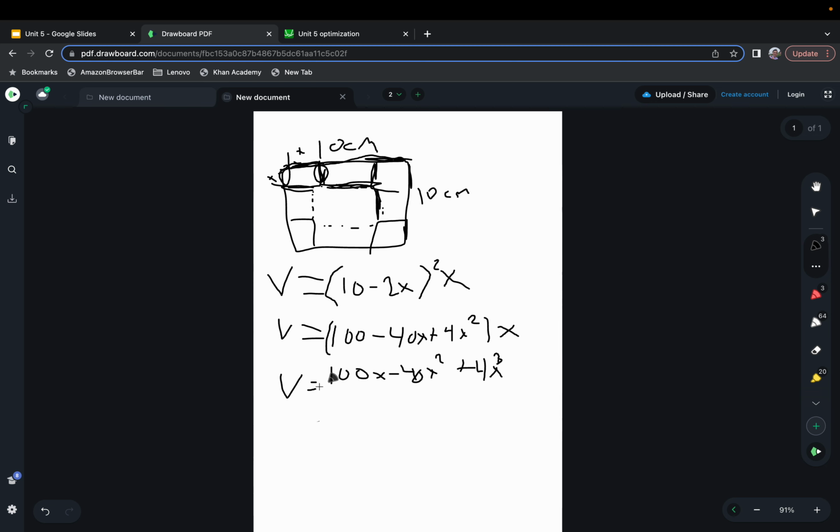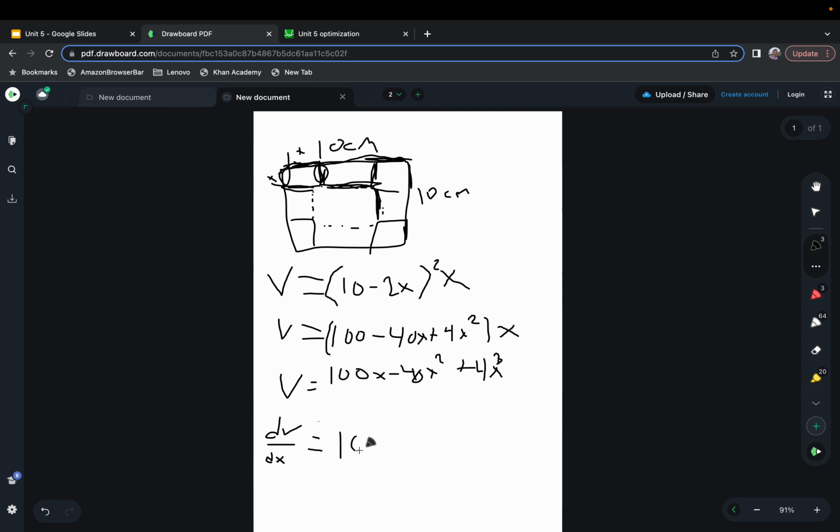And now to find the extreme values in our volume formula, we're going to take the derivative. This is where it gets simpler than related rates, because we don't need to take the derivative in relation to anything else. We can take it with respect to x, which is going to make it a little easier.